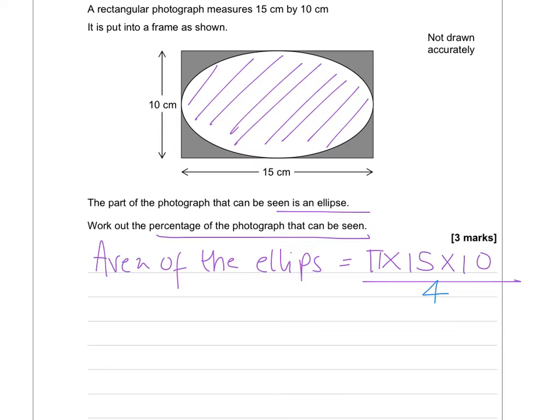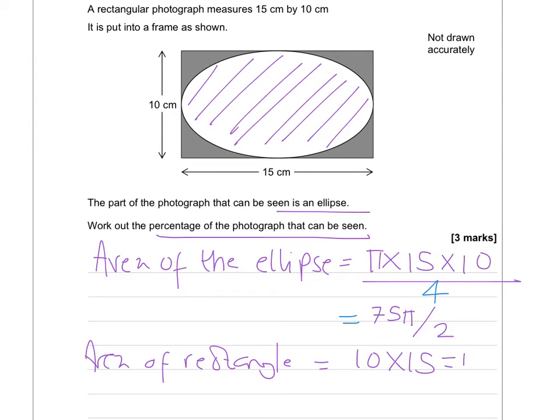This simplifies to a value of 75 pi over 2. The area of the rectangle is equal to 10 multiplied by 15, which is 150 centimetres squared.